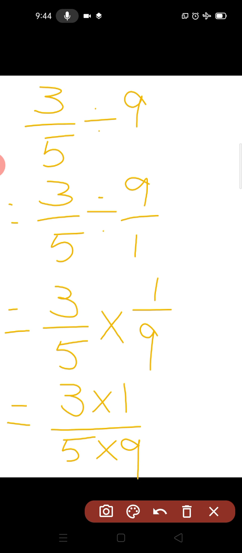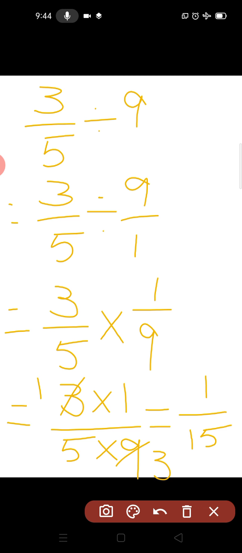Verify for the common factors. Here 3 and 9 both have common factors. So 3 ones are 3 and 3 threes are 9. After cancellation, numerators 1 and 1, 1 ones are 1 by 5 and 3 denominators, 5 threes are 15. So our answer is 1 by 15.